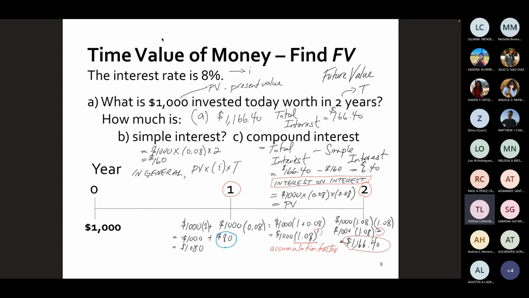It's PV times i, and now that's where the T comes in, the power. So simple interest is multiplicative. Compound interest is with the power. And with many periods, this can blow up.